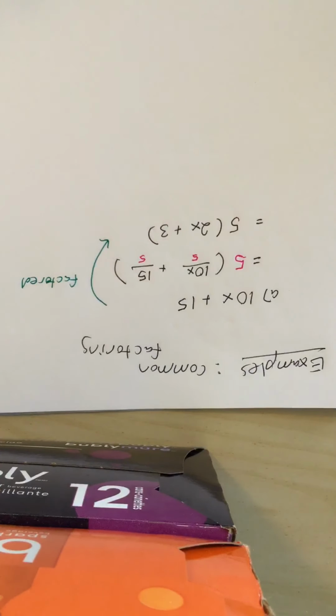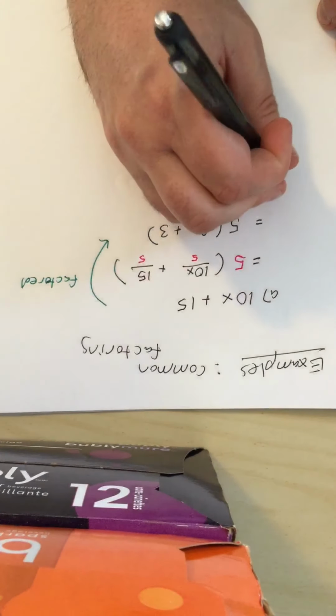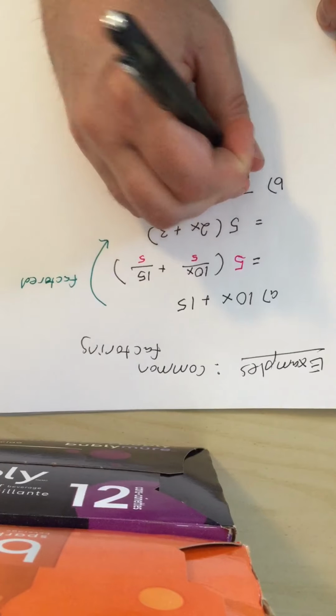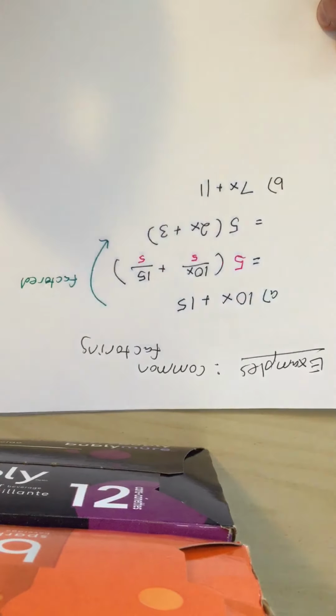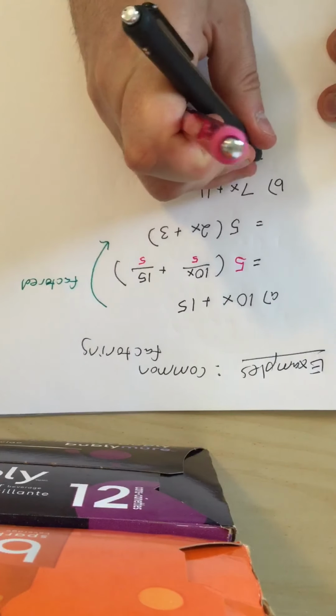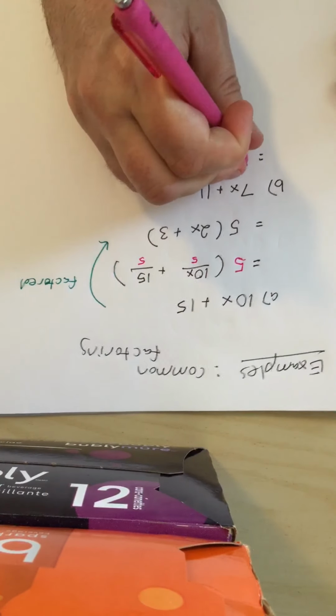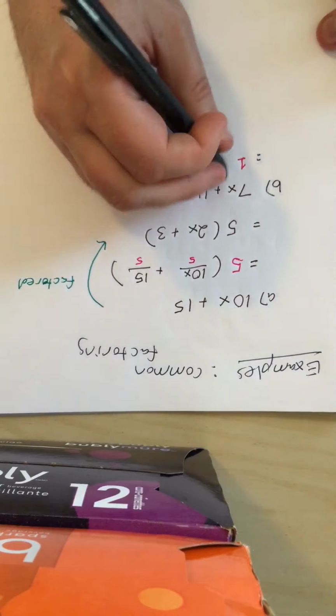And it's not always possible to factor things out. For example, if you have 7x plus 11, there's nothing in common with 7 and 11, so the common factor would be a 1.